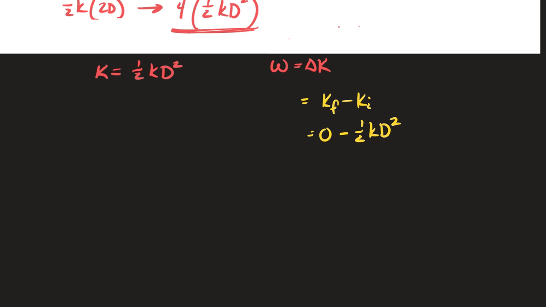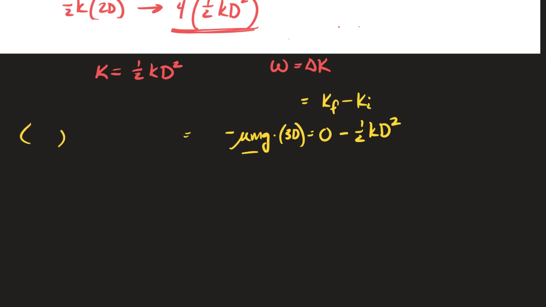That good so far? Well, that has to equal minus mu mg, the force of friction, times 3d. Those have to be equal. The work done by friction is the force of friction times the displacement times the cosine of the angle.